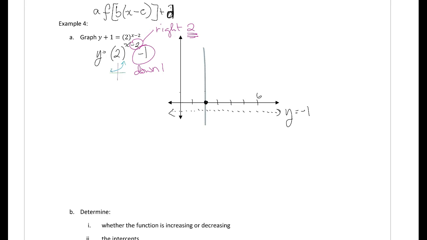So it should have got my original parent function, which would have been 2 to the power of x, should have been 1 and 2. So I'm just going to shift that over 2, down 1, and so make sure I have my y-axis also labeled with some values in here. 2 to the power of 2 would have been 4, shifted over 2, down 1, gets me here.